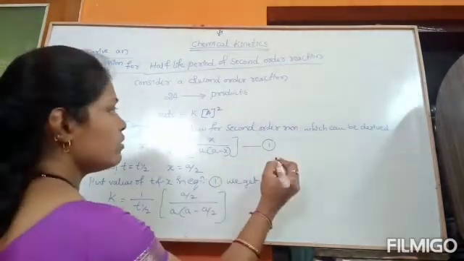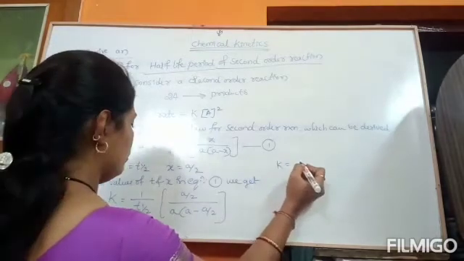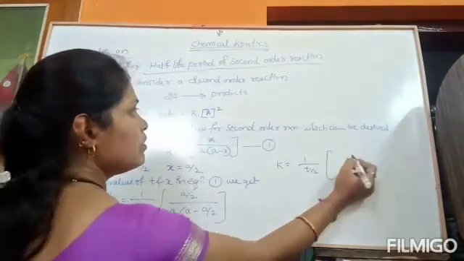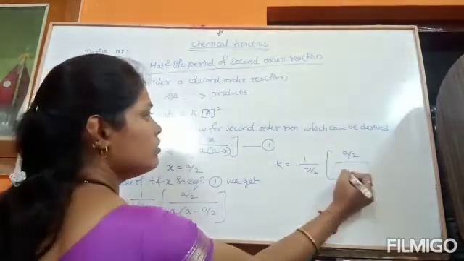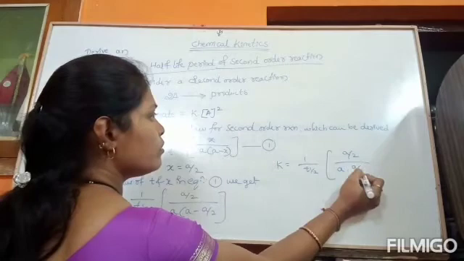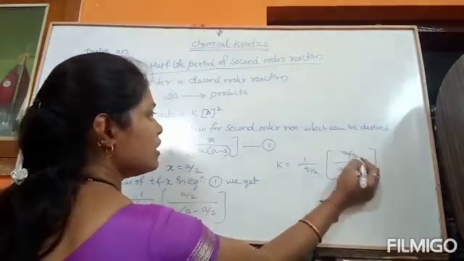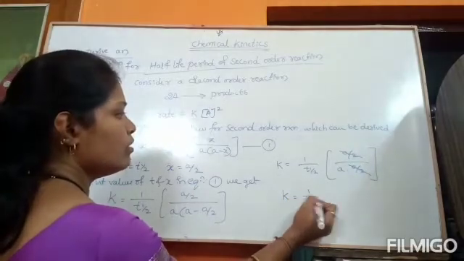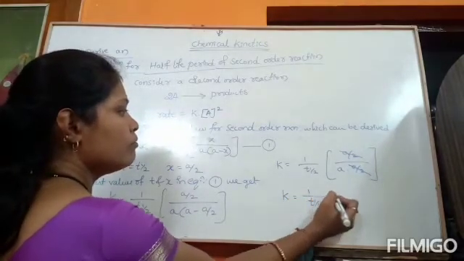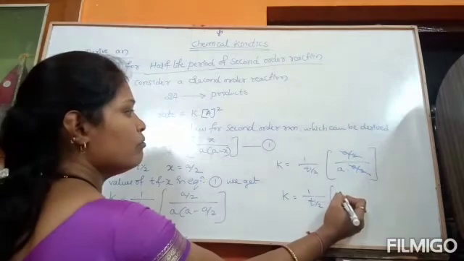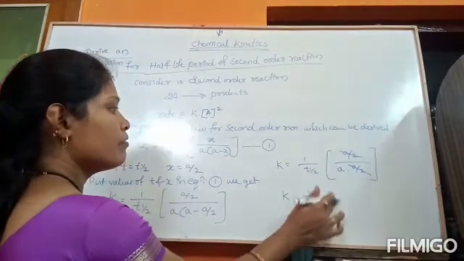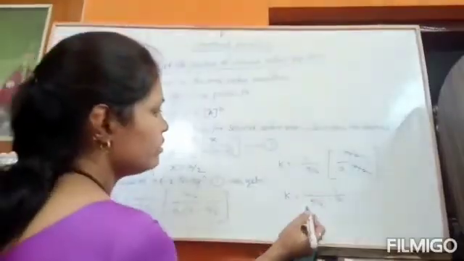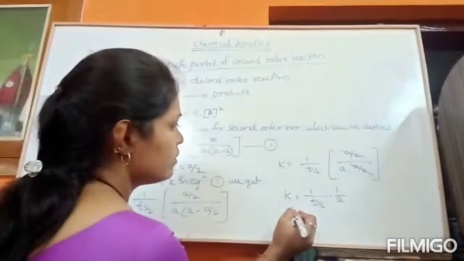Here on simplifying, K is equal to 1 divided by t half, a by 2 divided by a into a by 2. These two get cancelled. Again we get 1 divided by t half into 1 divided by a.